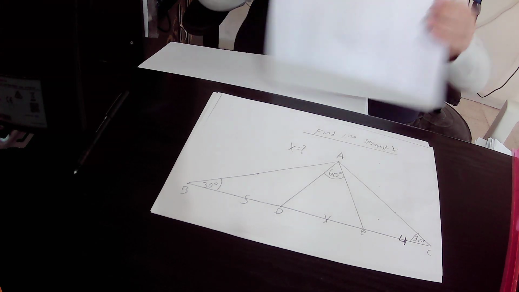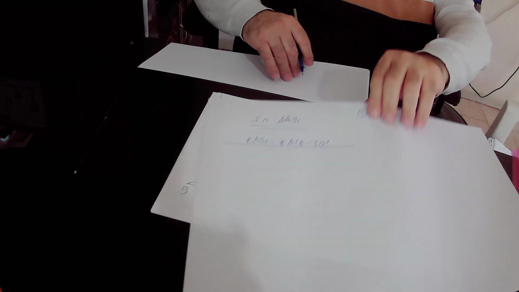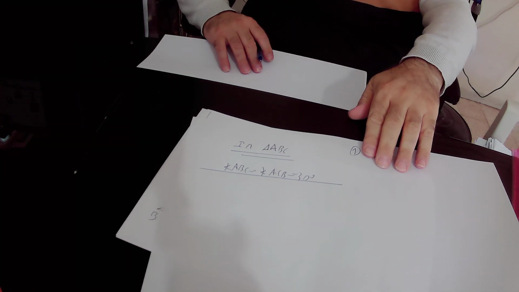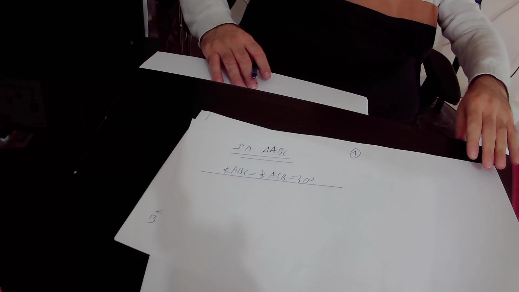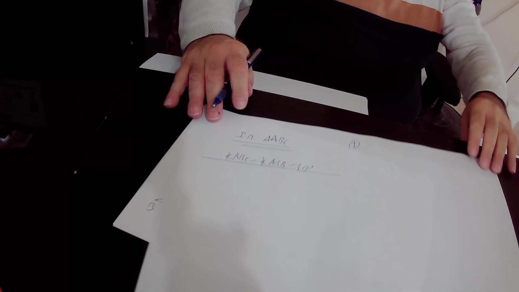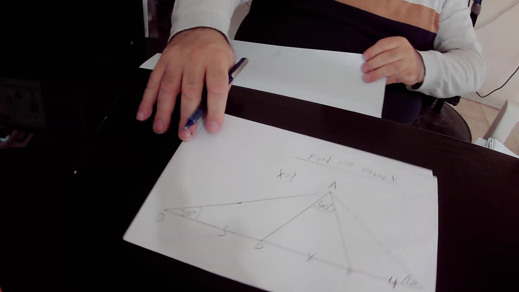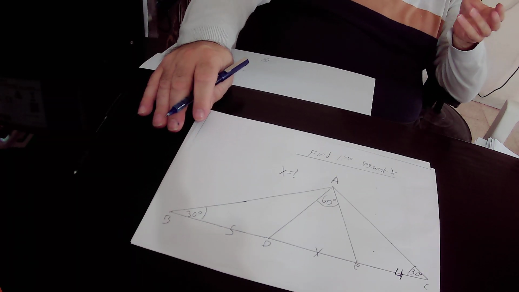I repeat again, in triangle ABC, angle ABC equals angle ACB, they are both equal to 30 degrees, therefore they are equal to each other. And we have the rule that in front of equal angles in the triangle, there are equal sides.